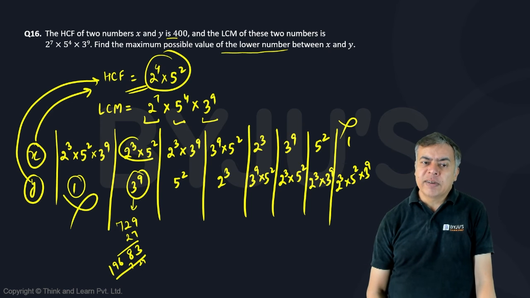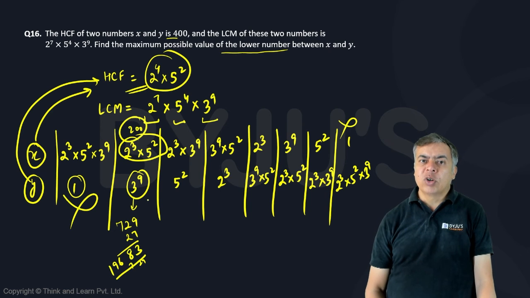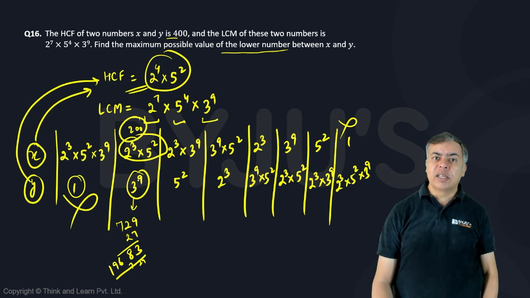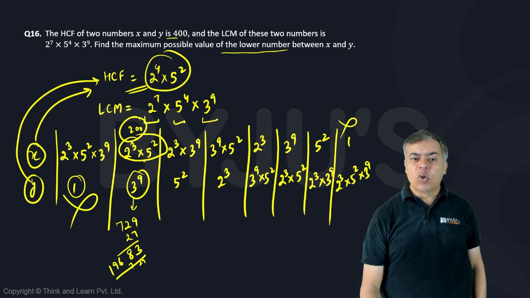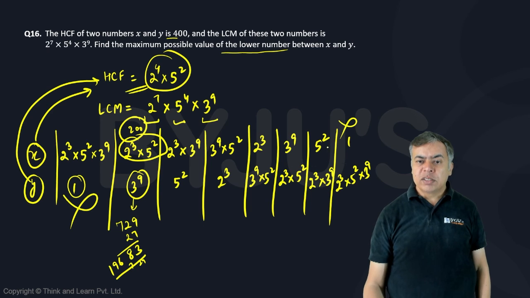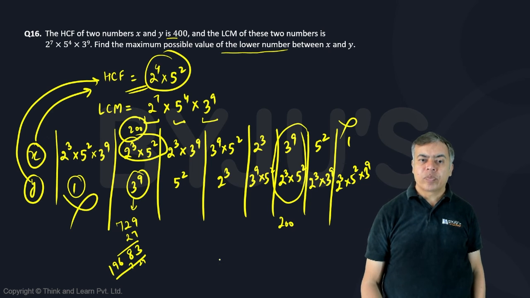But what is this value? This value is 8 into 25, 200 only. So that means this is the lower value, not this. 3 raised to power 9 is not the lower value. 200 is the lower value. So here we have lower value 200, and here also we have lower value 200.